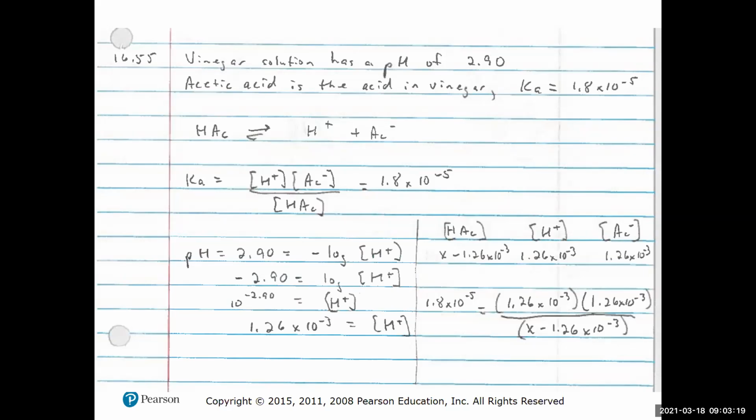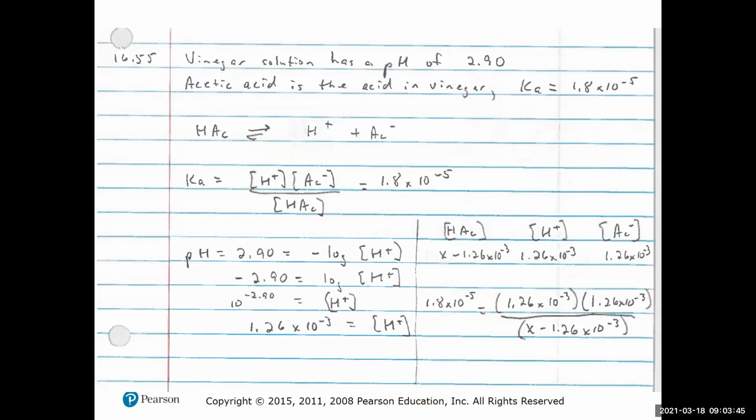We take those values and plug them into our equilibrium expression. So we get 1.26 times 10 to the minus 3 times 1.26 times 10 to the minus 3. That represents the hydrogen ion concentration and the acetate ion concentration. And in the denominator, we have X minus 1.26 times 10 to the minus 3.